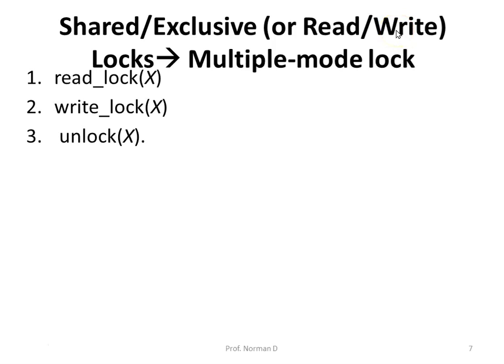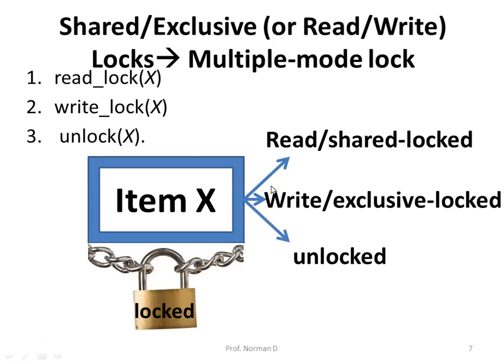There are three locking operations: read lock on data item X, write lock on data item X, and unlock data item X. A lock associated with an item X has three possible states. They are read lock, also called shared lock, write lock, also called exclusive lock, and unlocked.